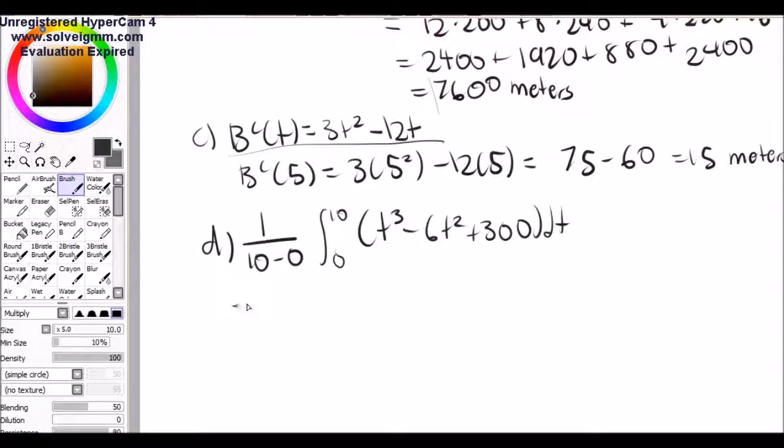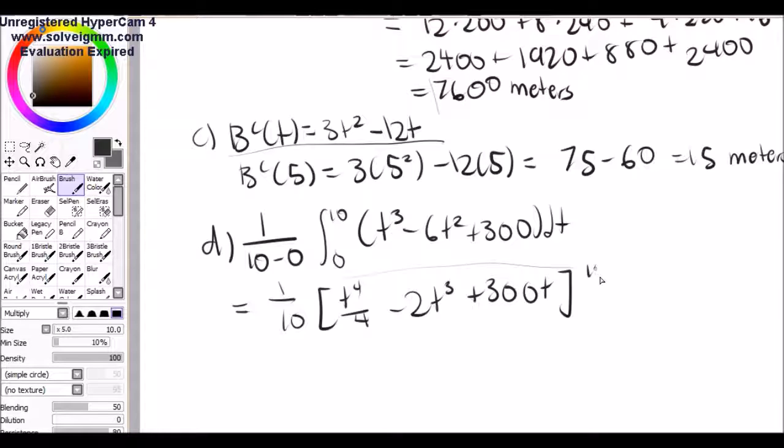We can simplify a little bit and take the antiderivative to evaluate. So we get 1/10 times t to the 4th over 4 minus 2t cubed plus 300t, from 0 to 10.